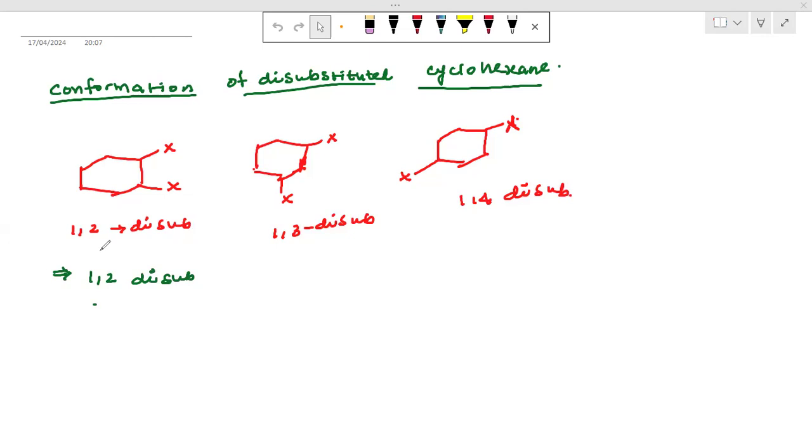So 1,3 disubstituted cyclohexane will show geometrical isomerism. That's the meaning of geometrical isomerism: it shows the cis and the trans form.